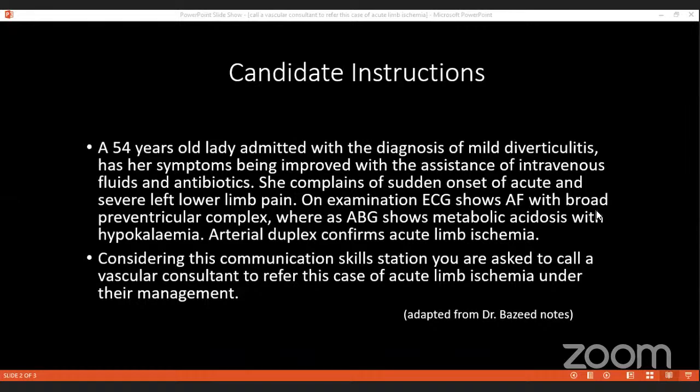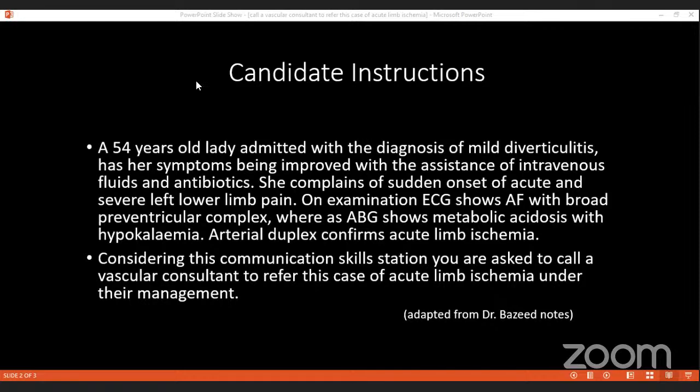Good. In what kind of ambulance would you transfer this patient, Dr. Mohammed? What kind of ambulance are you going to ask for to transfer the patient? You're calling the vascular consultant, right?